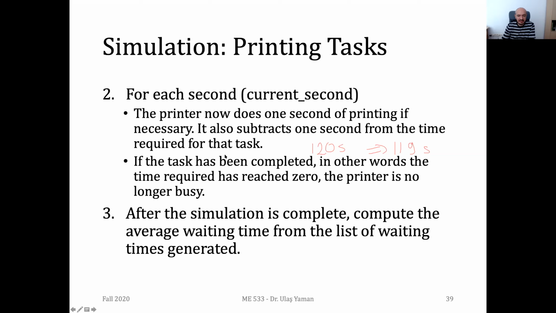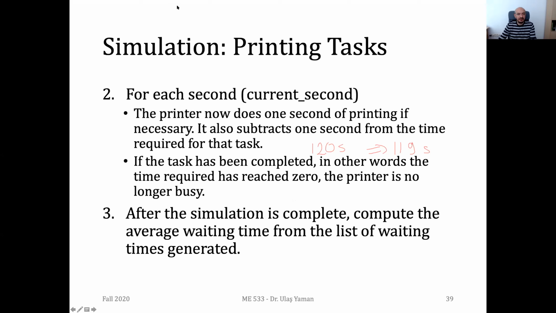So we repeat these operations until all the documents in the queue are printed. And what we do later, we simply compute the average waiting time and give you some comments on whether the selected printer is a good one or we should find a better printer. Any questions, guys, about the simulations?